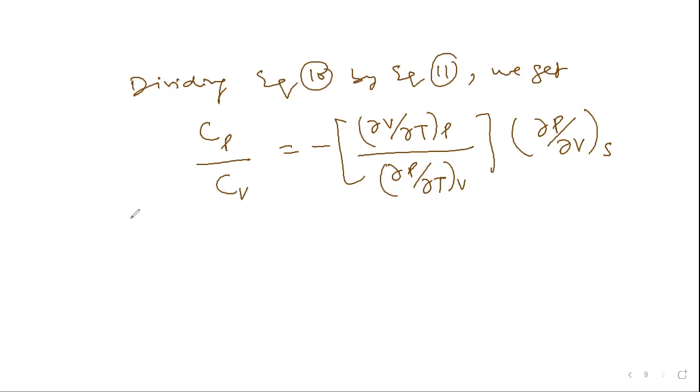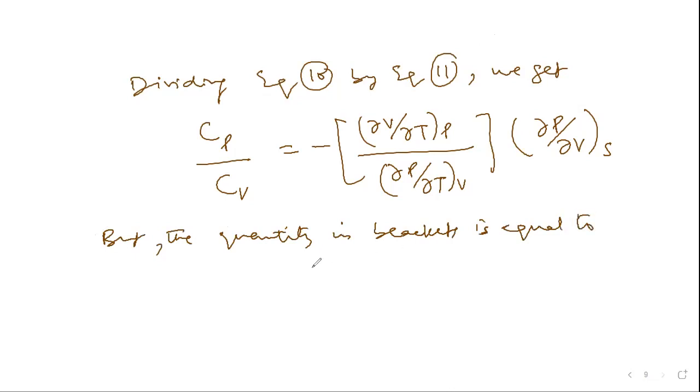But the quantity in brackets is equal to minus dou V by dou P at constant T. Why is this equal to minus this thing?